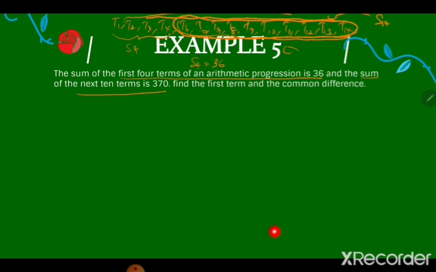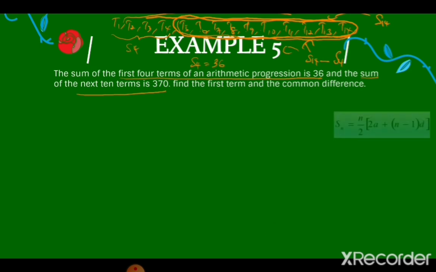If we want to find this, which starts from term 5, this part should be S14 minus S4, since it started with the 5th, so it must be deducted with S4. Then the question asks for the first term and the common difference.